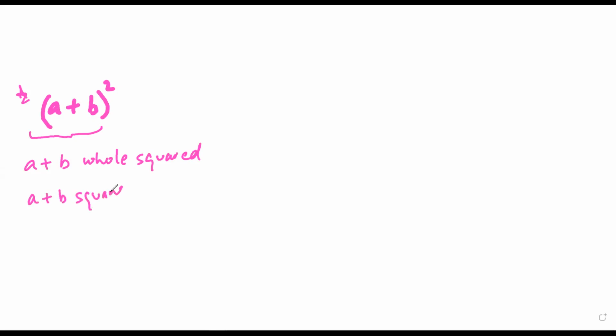Don't read it like that. Otherwise, what you will think is that this is equal to a plus b square. Have you understood what I've said? Yes, sir. So always read this as a plus b whole squared. This has to be read as a minus b whole squared.